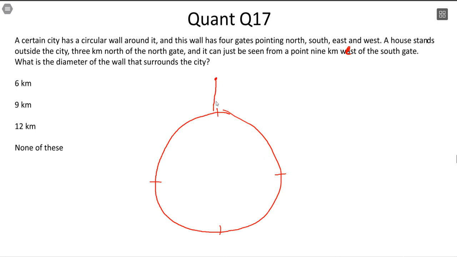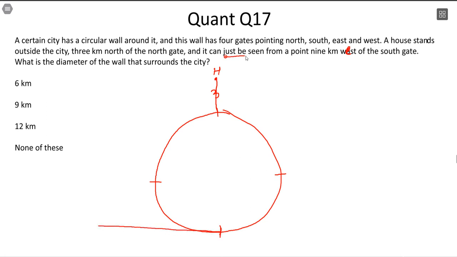3 kilometers away there is a house, and it can be just seen from a point 9 kilometers west of the south gate. That point will be somewhere here.